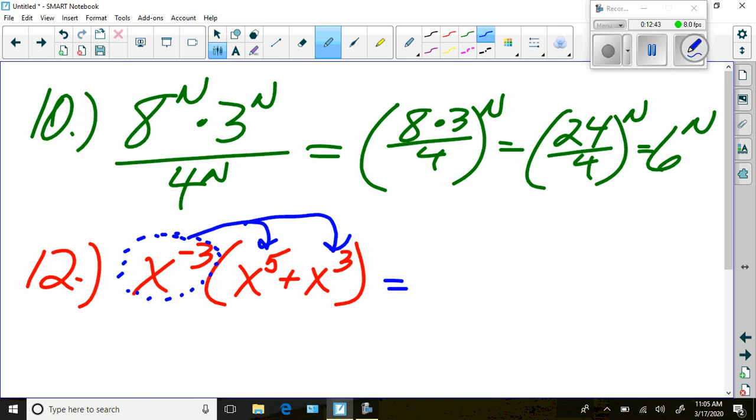I can totally do that. So that's going to be x to the 2nd, because you subtract the powers, plus x to the 0. But we don't write x to the 0. It's x squared plus 1. Ha! Looking good. We're 13 minutes into this awesome video. And that was number 12.